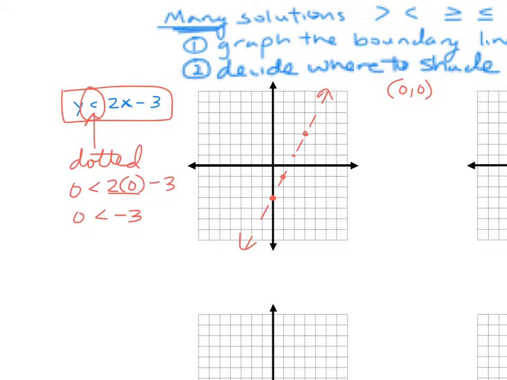Is 0 less than negative 3? False. No, okay? That means that 0, 0 is not a good answer. So we don't want to shade this way because that's where 0, 0 is. Instead, we want to shade this way. Okay, and that would be your answer to graphing that inequality.